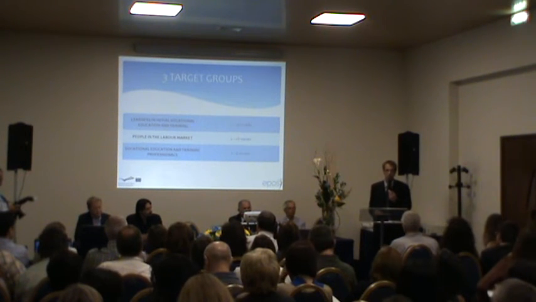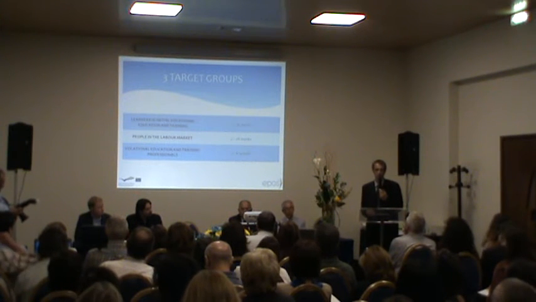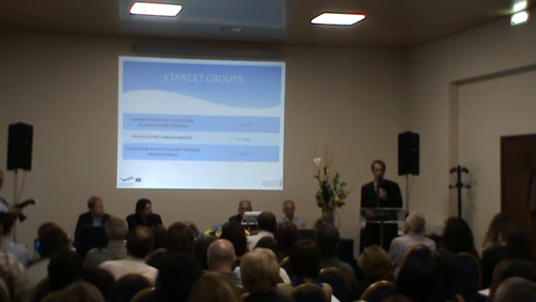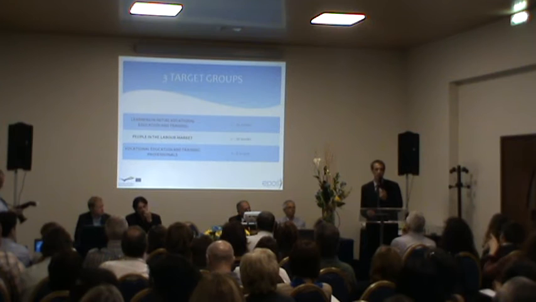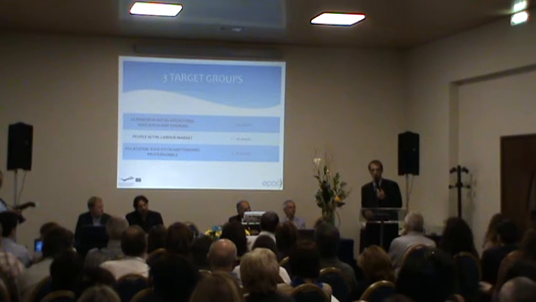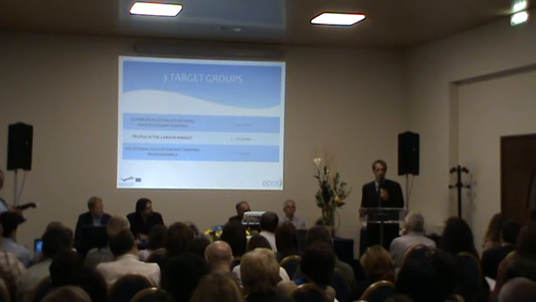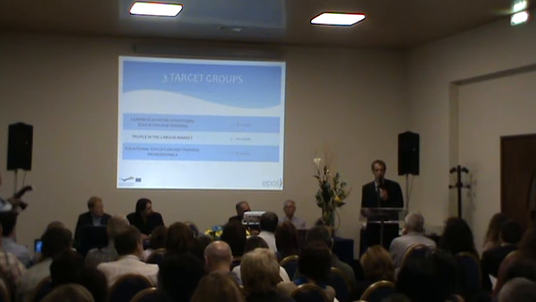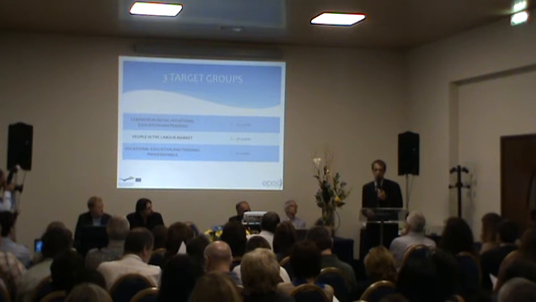The second group is, we call it the IVT in this group, the first one. The second one we call PLM, which is the abbreviation of People on the Labor Market, and that is everybody who is available on the market for work.